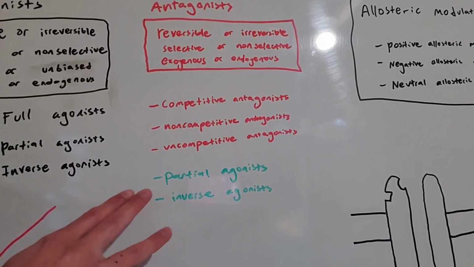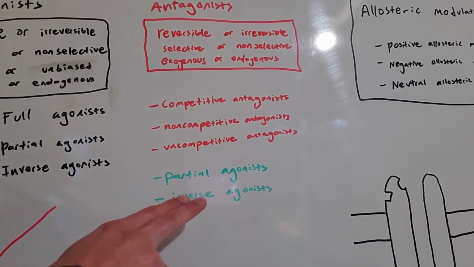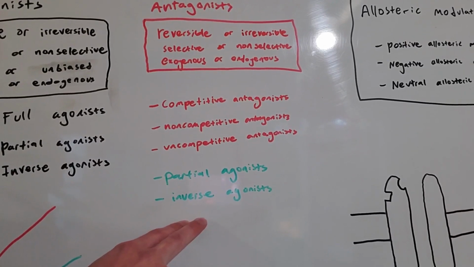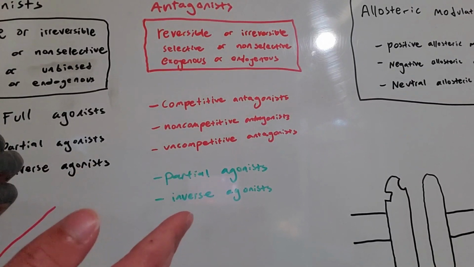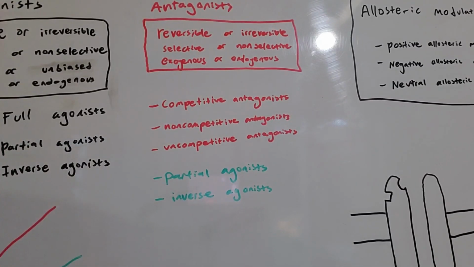So then I also included partial agonists and inverse agonists under the category of antagonists, because in certain situations they can act in a similar way to antagonists. That is, for example, a partial agonist.